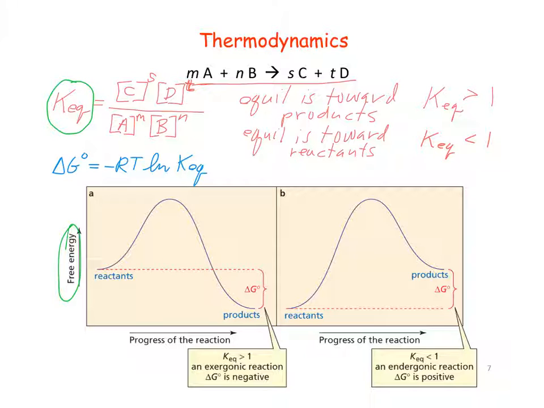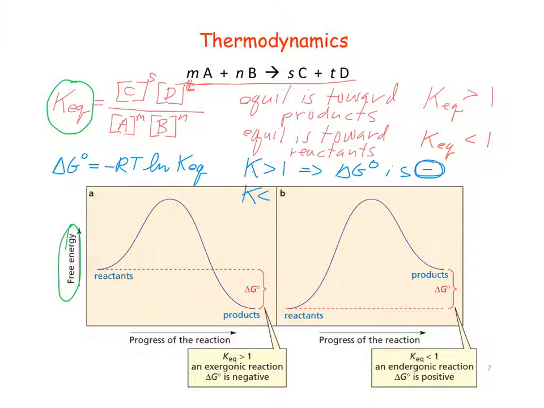So if K is greater than 1, it's going to relate to the delta G, then the delta G0 is going to be negative, because we take the natural log of a number greater than 1 and we get a positive number, so the whole thing will be negative.